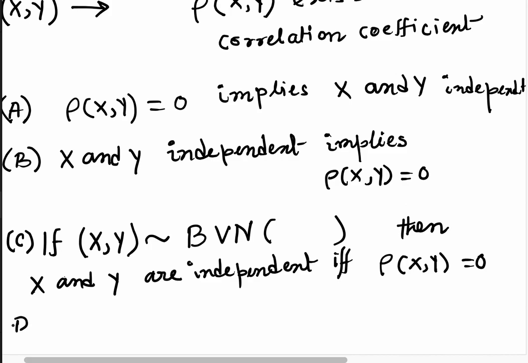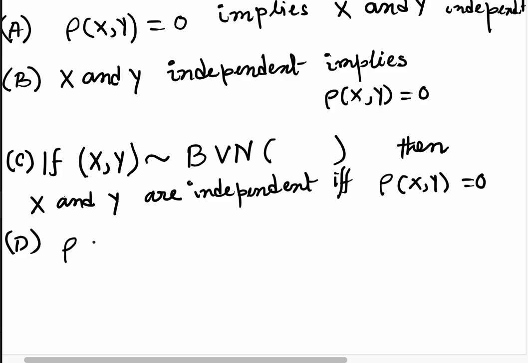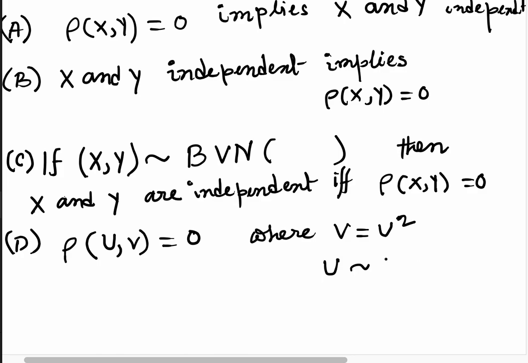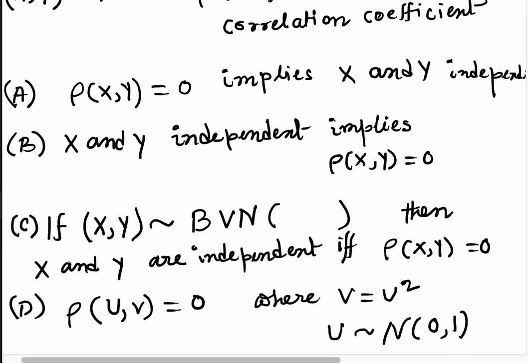And D: rho(U, V) is 0, where V is U squared and U follows a standard normal distribution with mean 0 and standard deviation 1. Now which among them are correct?